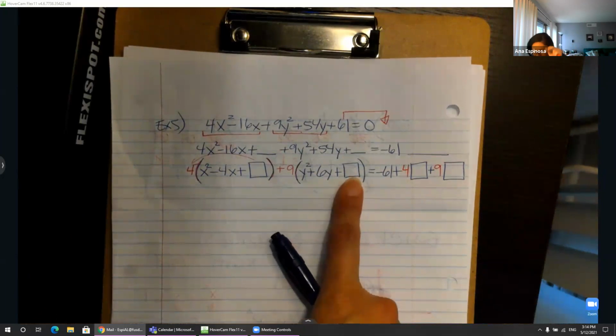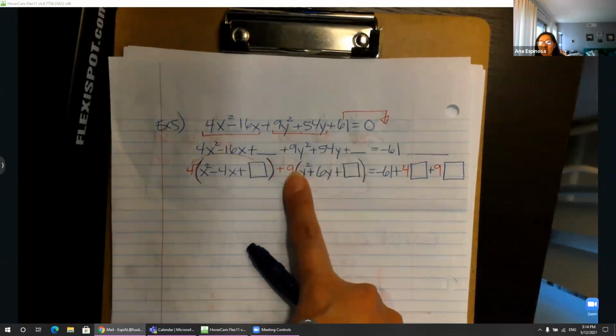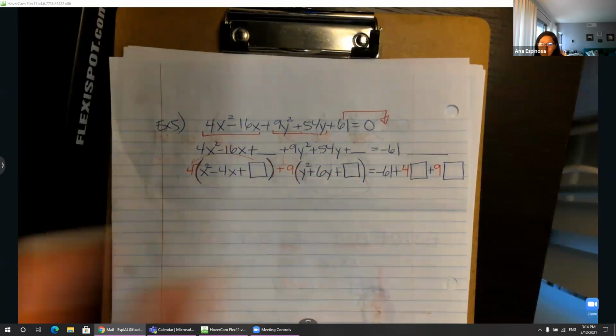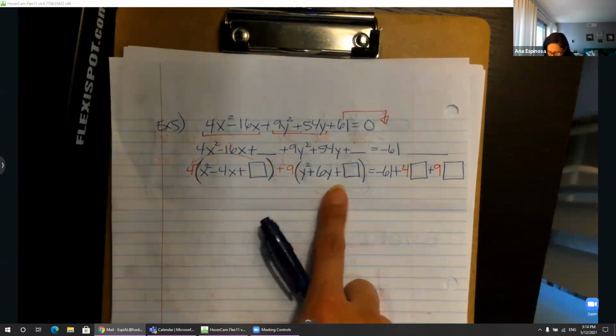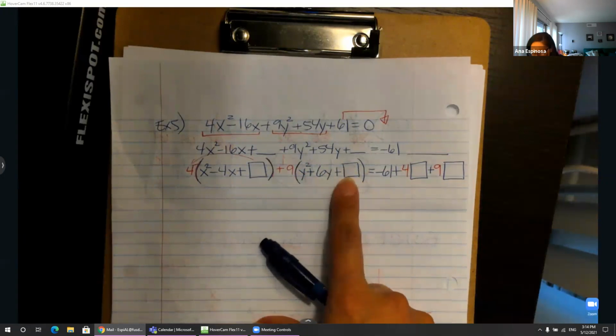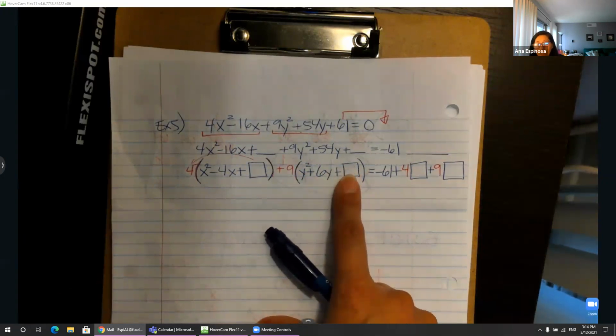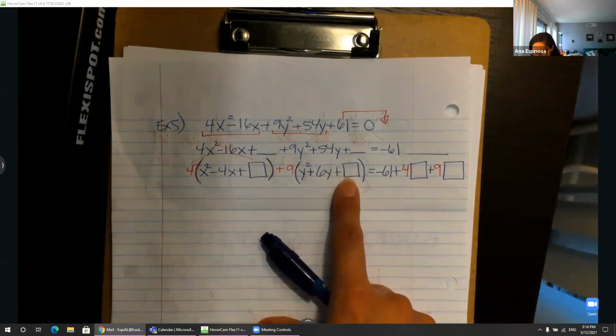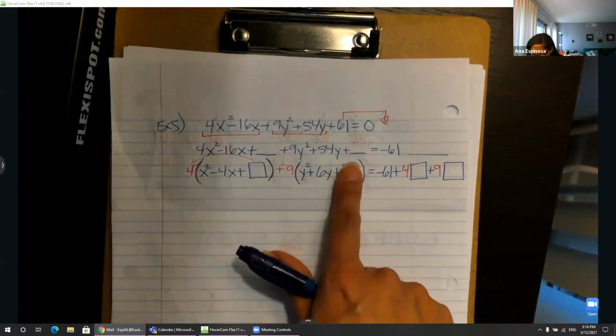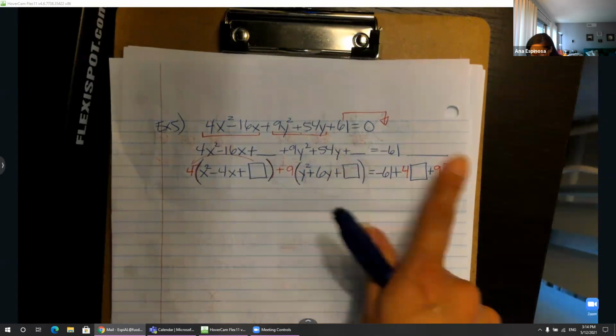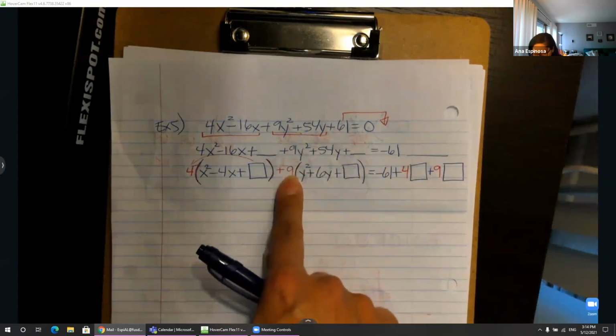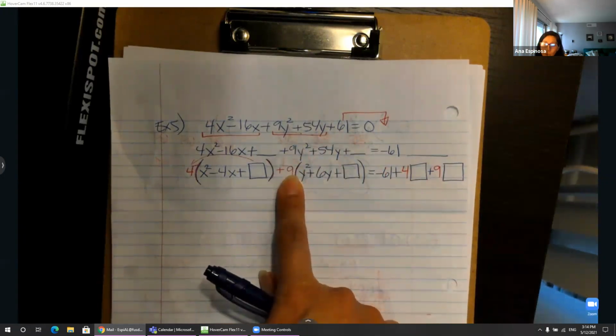Let's just say it's not going to just be adding a 25. It's going to be adding a 25 times the 4, this 100. Sorry, I'm getting ahead of myself. So this number that you're going to put in here, whatever number that is, which will be a 9, that 9 is not just going to be a 9. That 9 is being affected, times that other 9 on the outside.